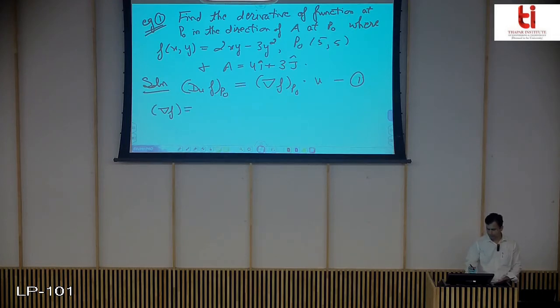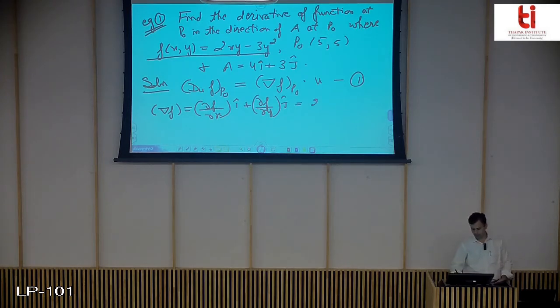So the gradient of f, from here it is your f(x, y). The gradient of f is del f del x i cap plus derivative of f with respect to y j cap. So with respect to x, this gives you 2y i cap, plus with respect to y, it is 2x minus 6y j cap.